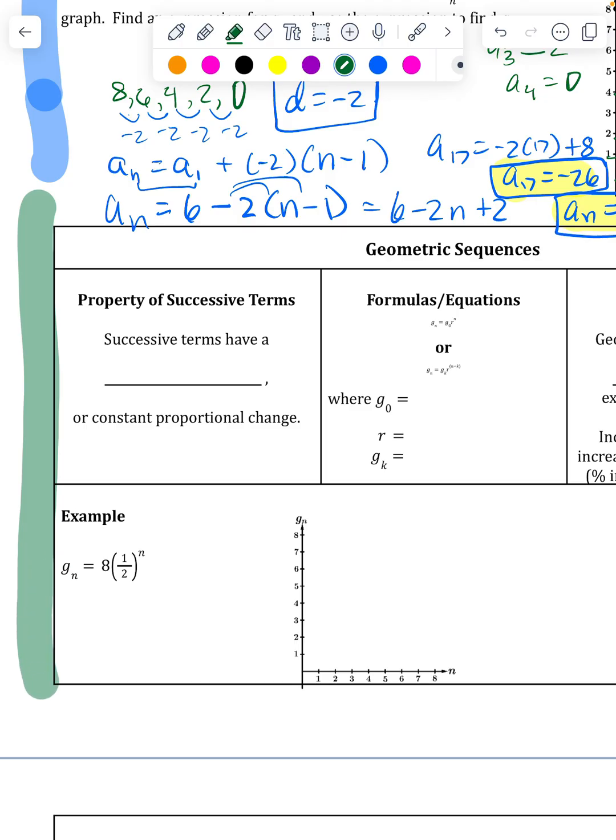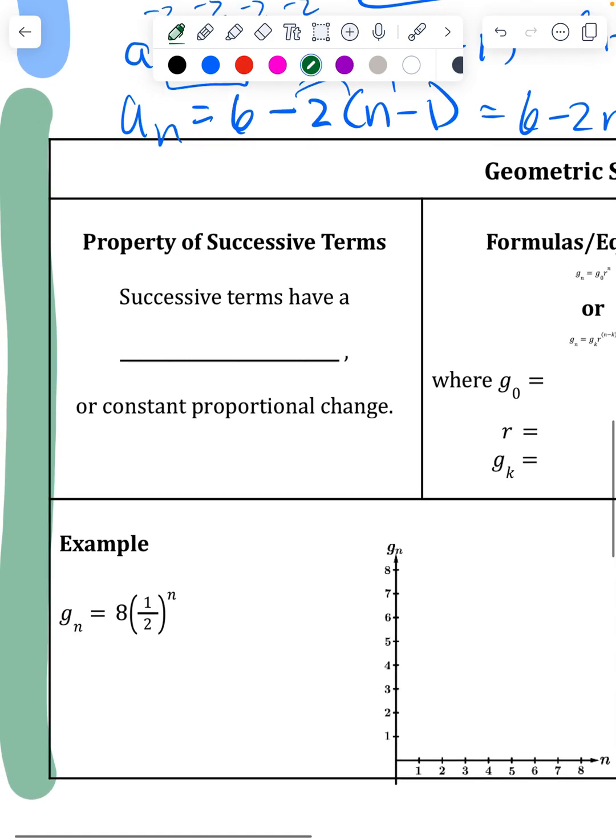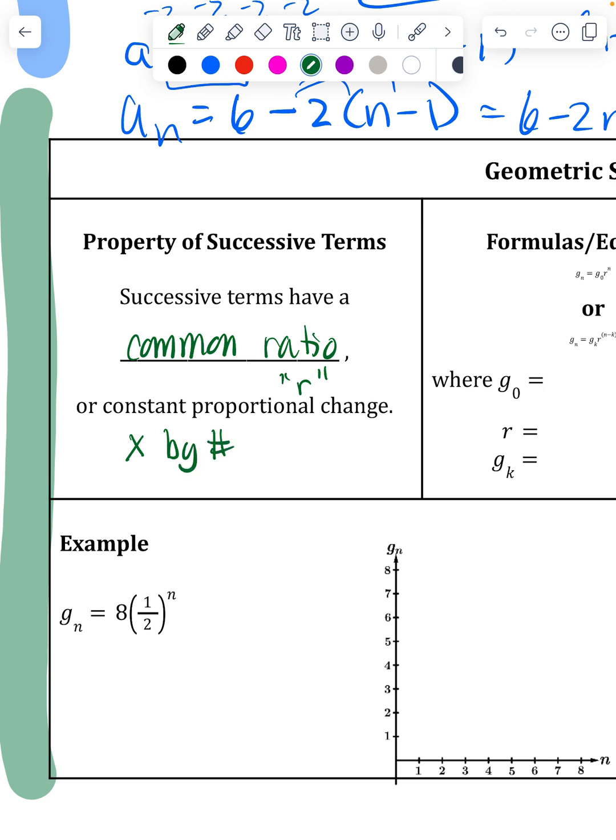So when we had arithmetic, successive terms had a common difference and you were adding or subtracting. These are going to have what's called a common ratio, which we're going to notate as R, because you are multiplying by a number to go term to term.